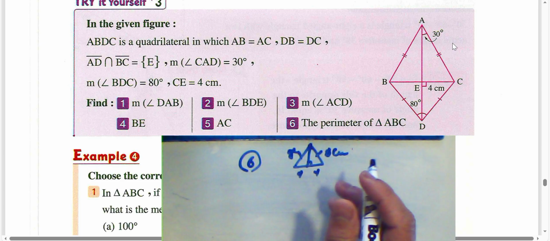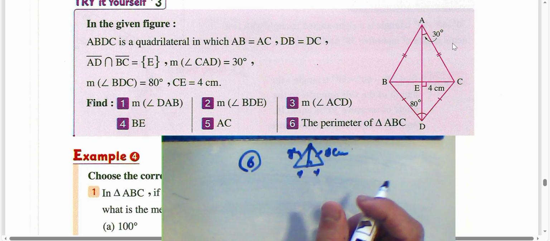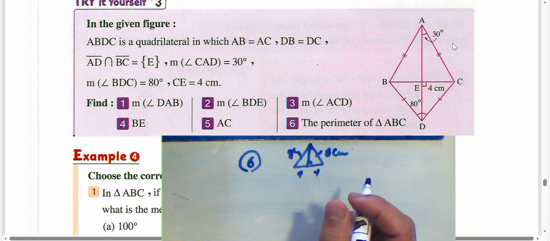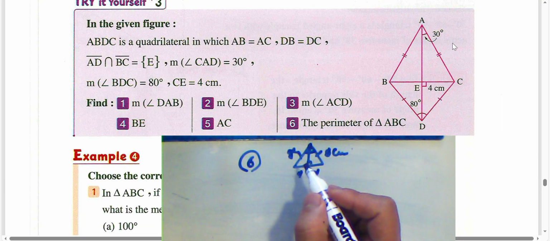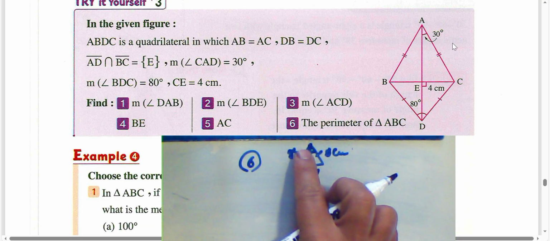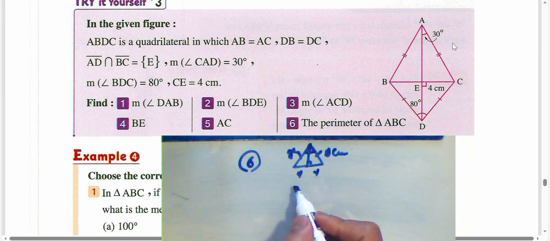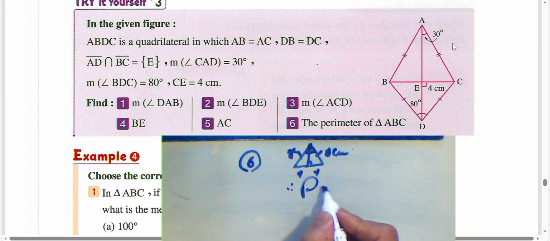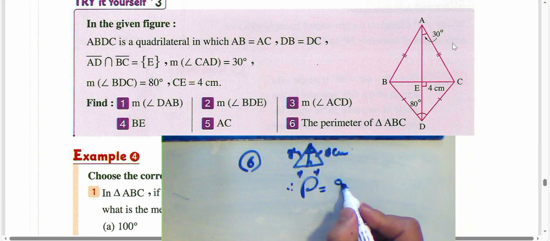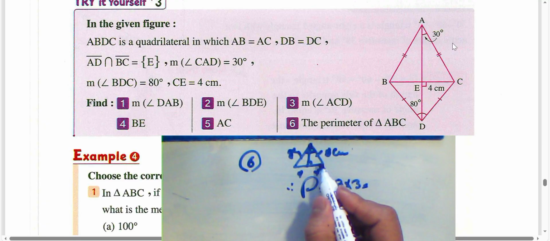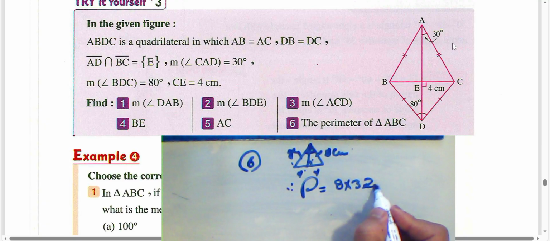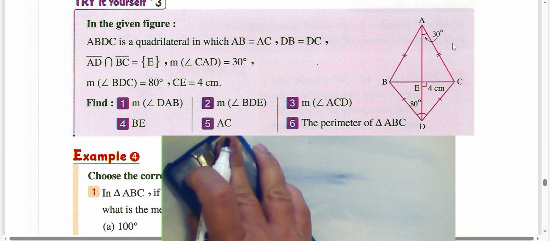Then this triangle converted from isosceles to equilateral triangle, because we have angle 60 degrees and isosceles. So the perimeter will be equal 8 times 3, 8 plus 8 plus 8 equal 24 centimeters.